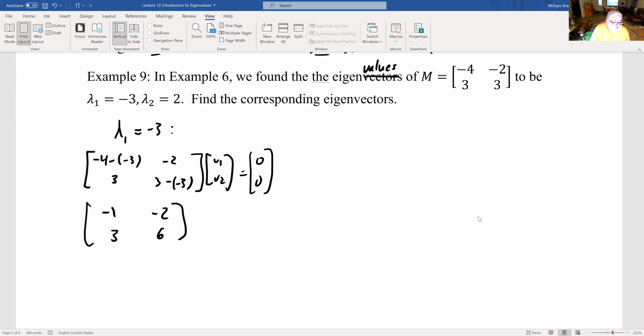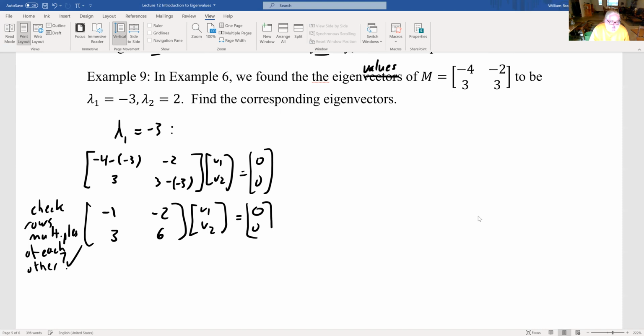As a check, are the rows multiples of each other? Yep, if I multiply the top row by -3, I get the bottom row. So good, we're on our way. So as equations, this would be -1 v1 -2 v2 equals 0, and 3 v1 plus 6 v2 equals 0.